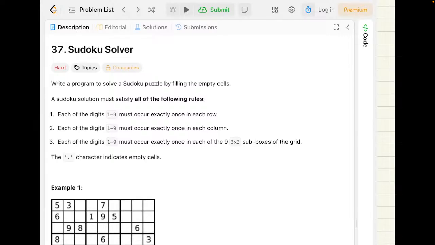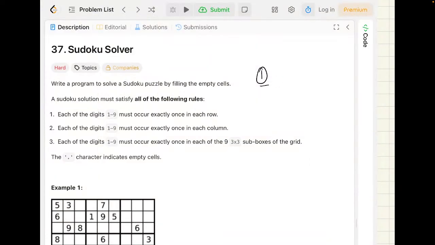Let me grab my pencil and first quickly outline how we are going to solve the problems. Let me use a temporary marker here.